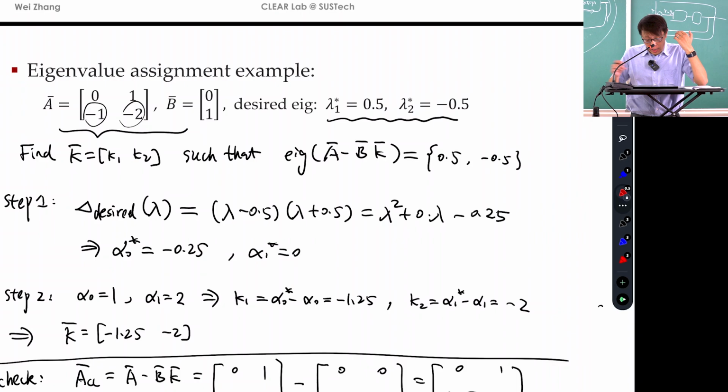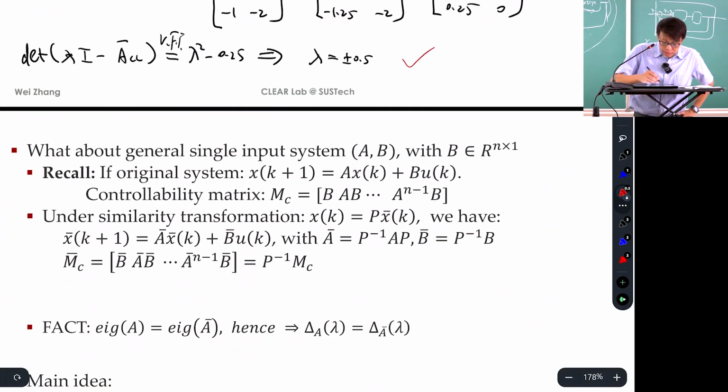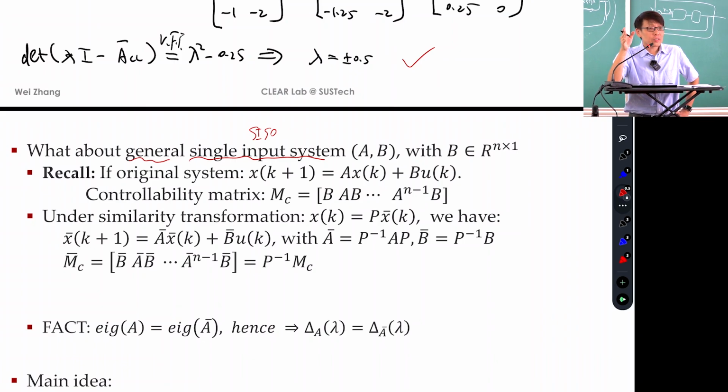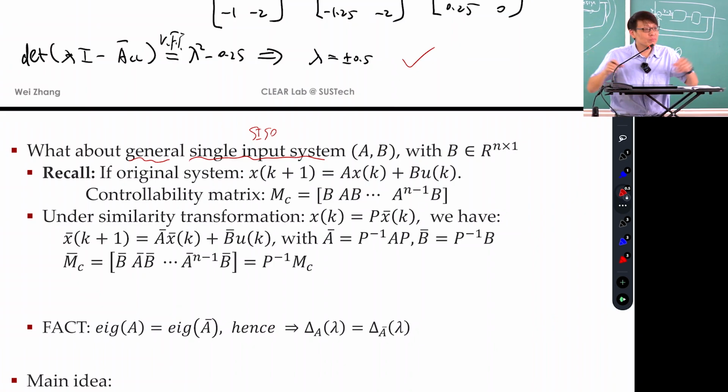At least for the general single input, single output system, that's called SISO, if it's not in the controllable canonical form, we can always do a similarity transformation to make it a controllable canonical form. And you design in the controllable canonical form domain and move back. It's like doing a change of coordinates.